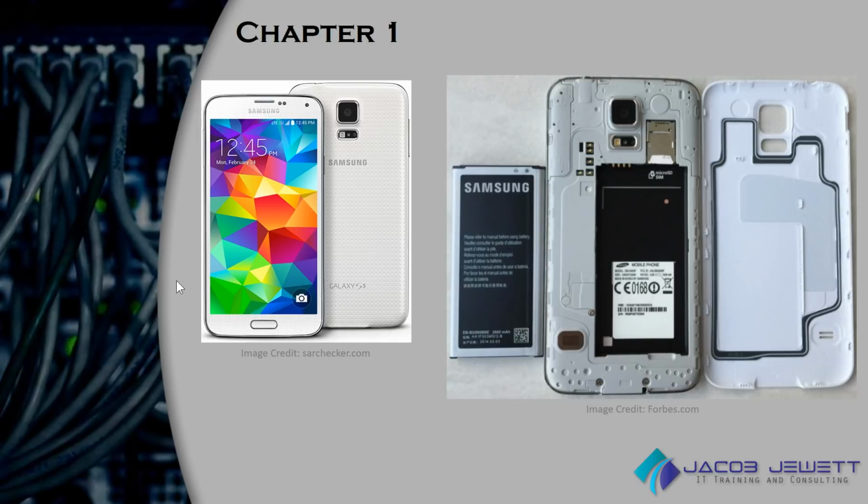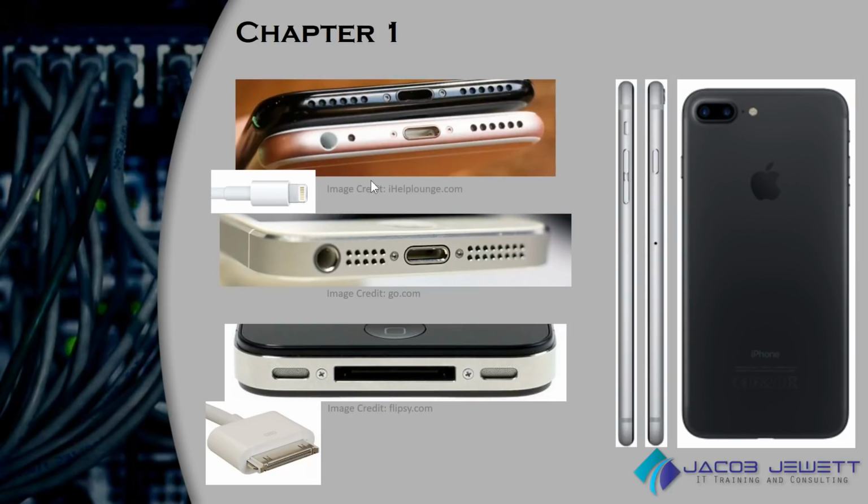You have your Samsungs and your HTCs and other phone manufacturers that use Android type operating system on them. And then you have your iPhones out there that use what's called iOS. And the iOS version depends on the phone that you're using and how far it's been updated.